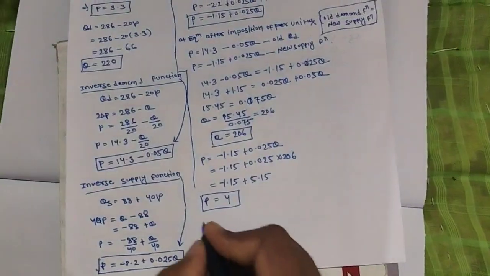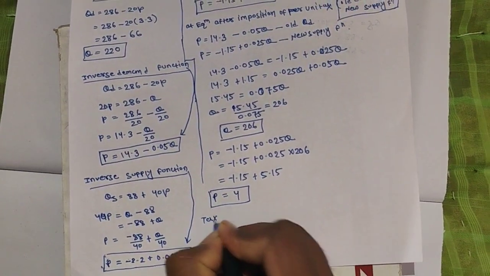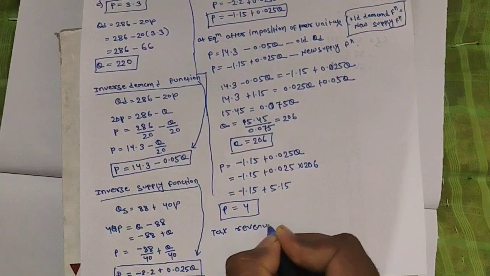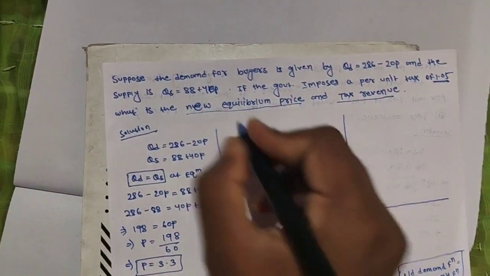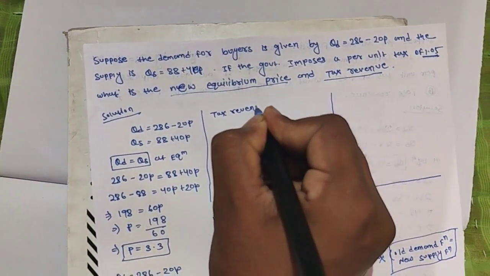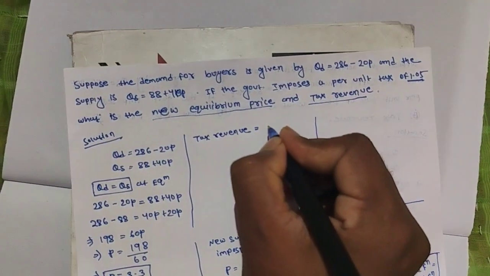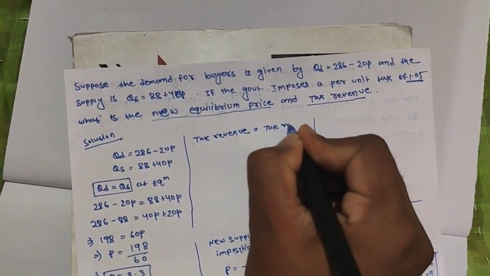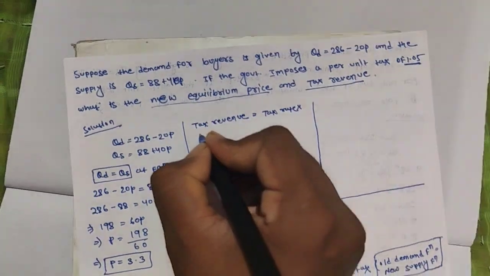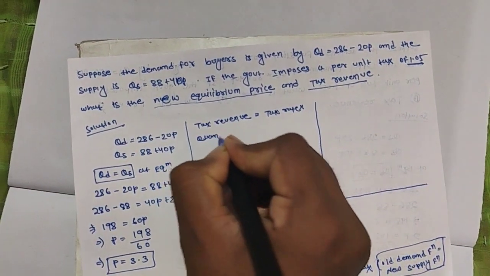Now we find the tax revenue. Tax revenue should be equal to tax rate multiplied by the new quantity.